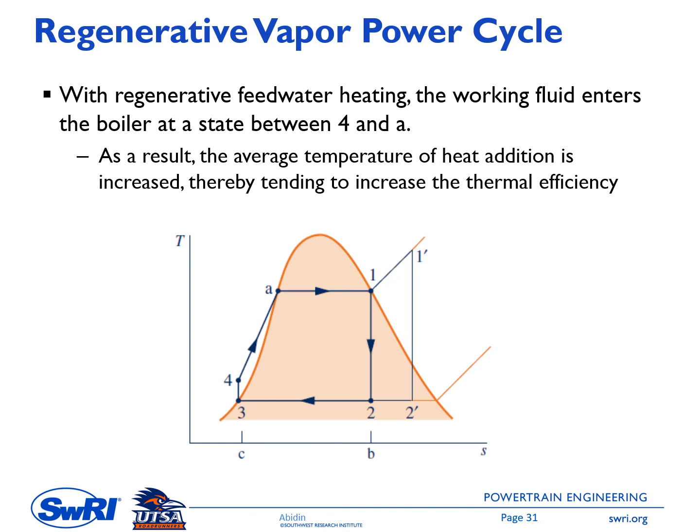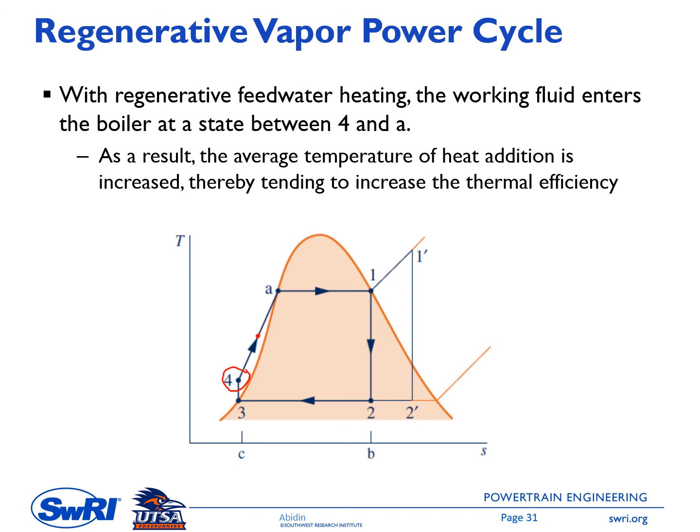Without feedwater heating, the working fluid enters the boiler at state number 4. With feedwater heating, the working fluid enters the boiler between point 4 and point a, assuming it is at this point.